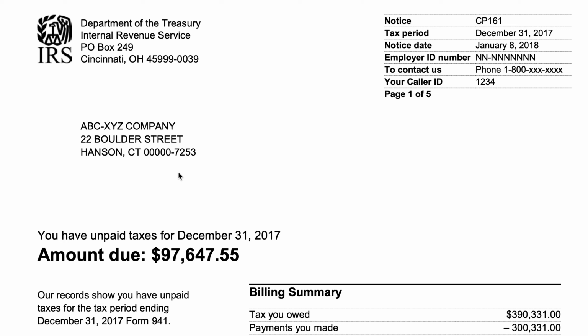Pay particular attention to the address, especially if you've recently changed it. You can update your tax address in your tax record by filing your tax return. But if you're in between tax returns, or if you've recently changed and you're expecting more correspondence, like you owe $97,000 to the IRS, then you should make sure that your address is up to date.